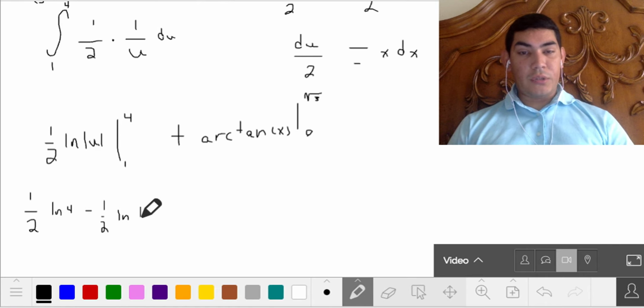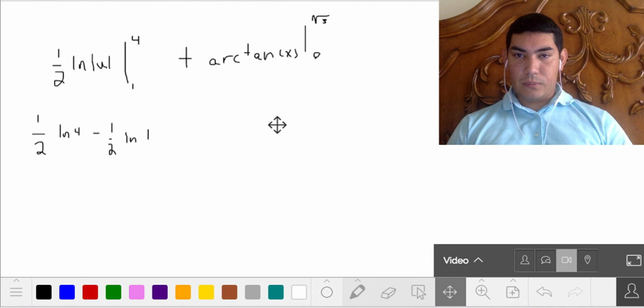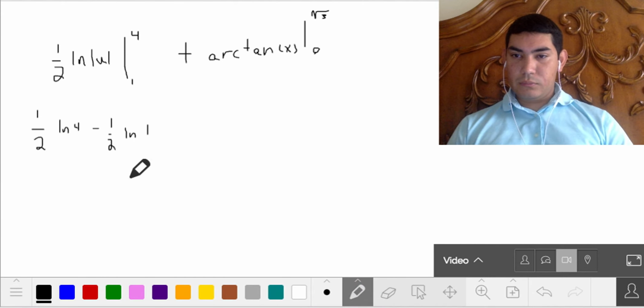But we know that natural log of 1 equals 0. Therefore, this whole section will equal 0, because 0 times 1/2 is 0. So let me just rewrite that as well. This is just 1/2 natural log of 4.